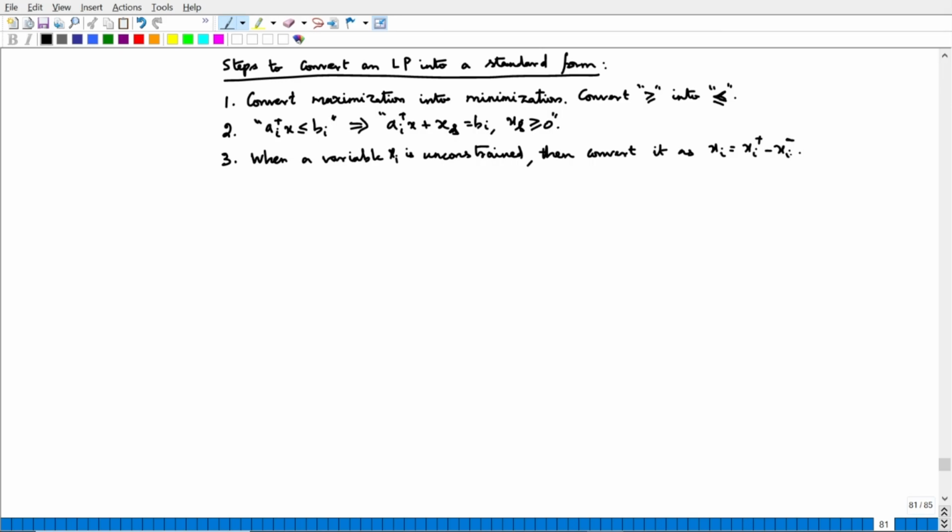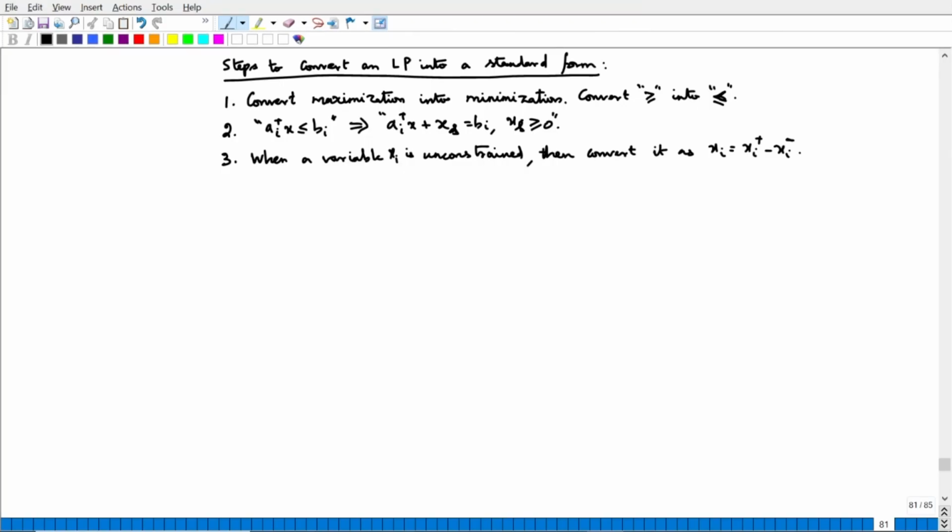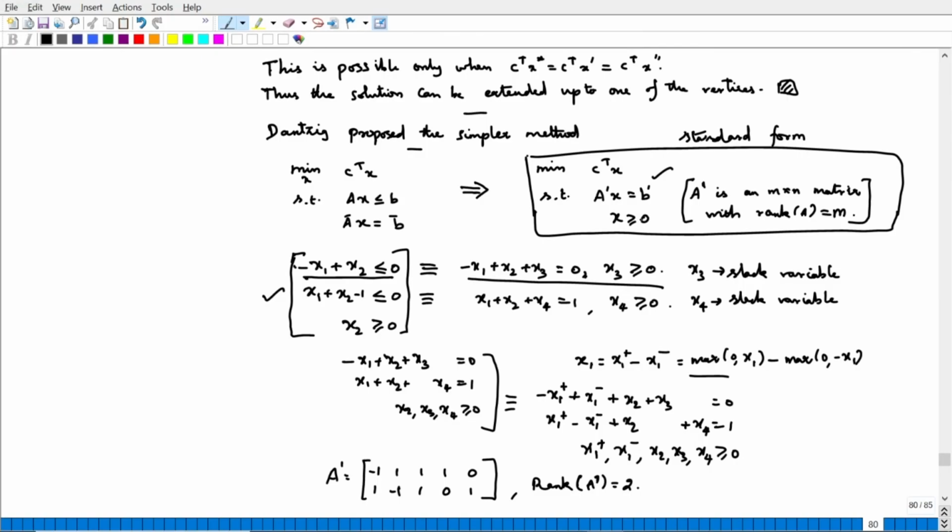When you do this, you also include xi plus non negative and xi minus non negative. In each equation xi should become xi plus minus xi minus, and you should add the constraints xi plus non negative and xi minus non negative. When you do all of these steps, you would have converted into this particular form where you have A dash x equal to b dash and x non negative.